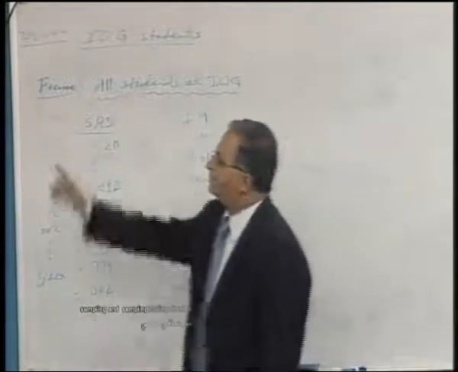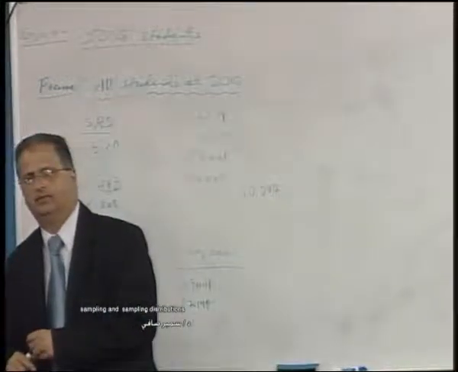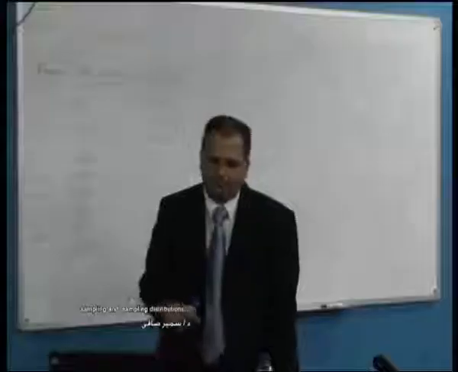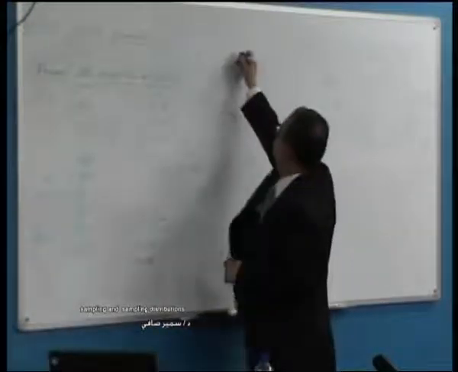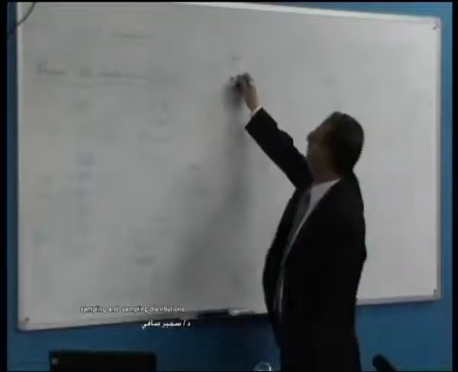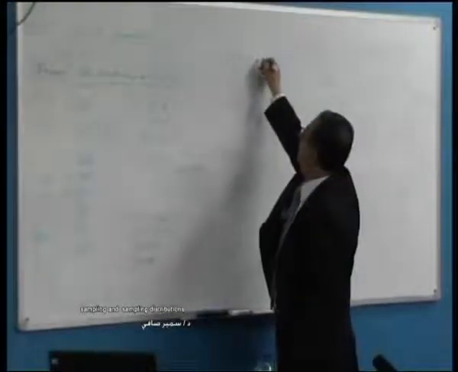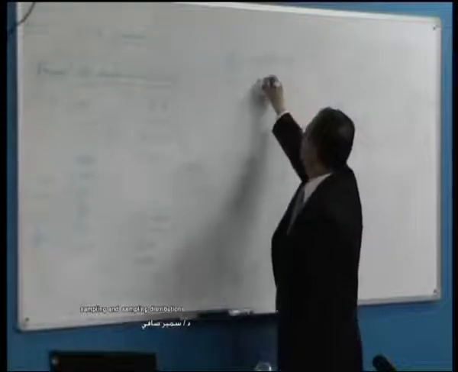The next type of samples is called systematic samples. Suppose small n represents the sample size, and capital N represents the population size.